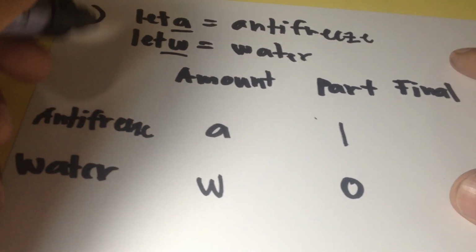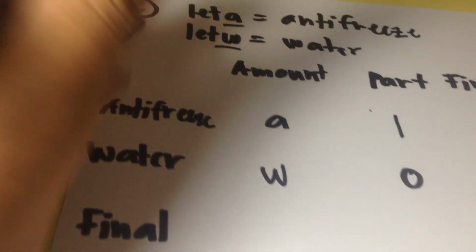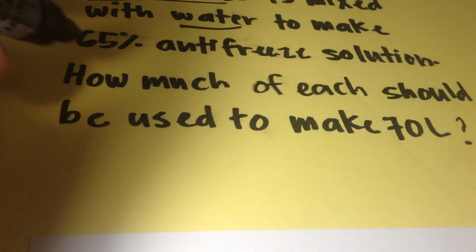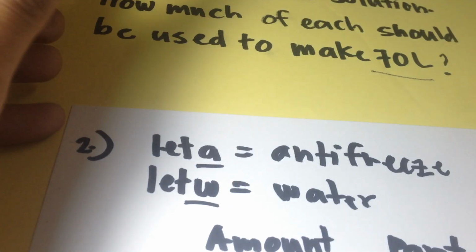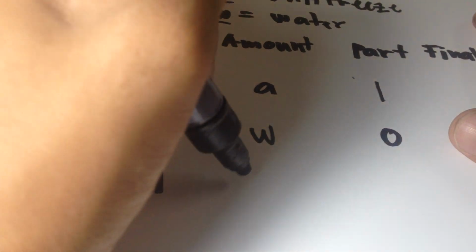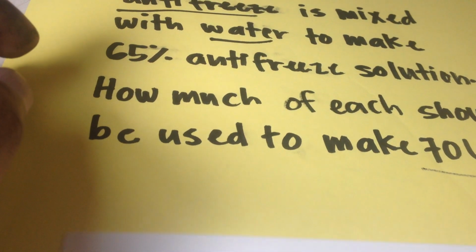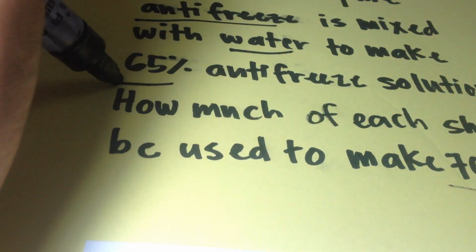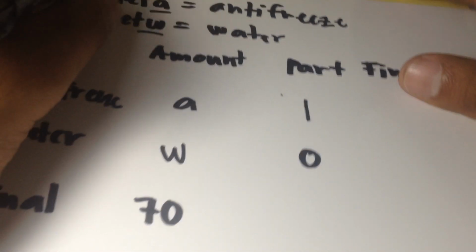There's no antifreeze in it. And the final is how much should be used to make 70 liters, so write 70 liters here. Then we have a 65% antifreeze solution, which is the part of the 70 liters, so you write 0.65 here.